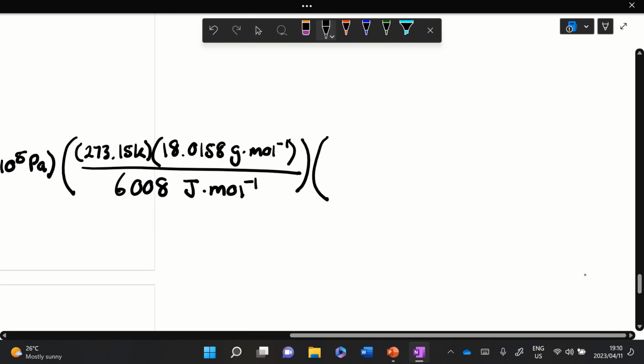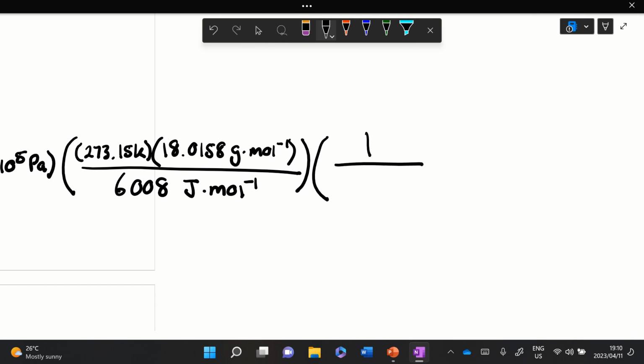And then we have 1 over the mass density of the liquid. So the liquid is 0.998 gram per cubic centimeter, but we want to work in cubic meter, of course. So we need to rework that to cubic meters.